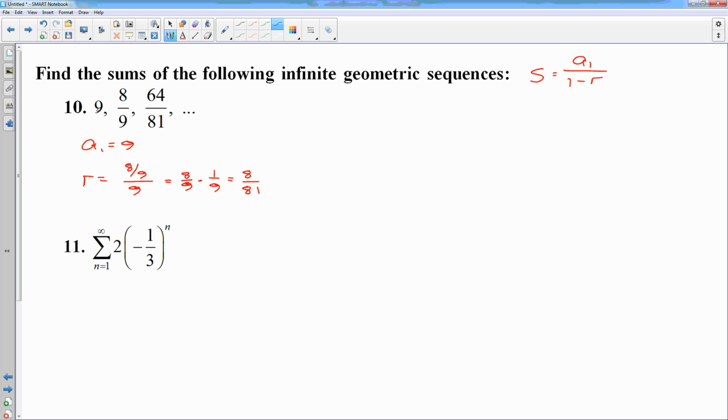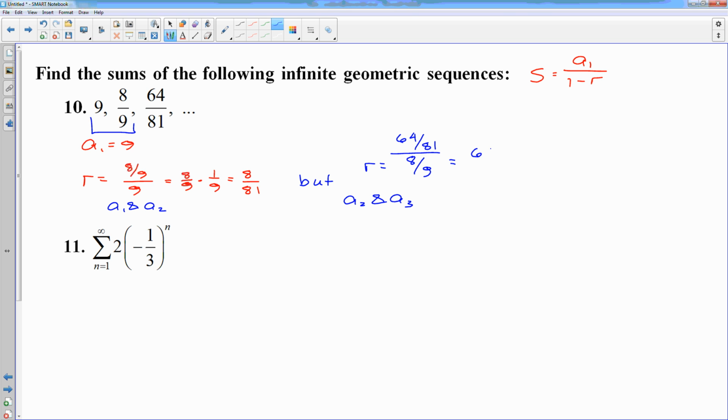I don't know. All right, so the ratio, if you choose the first two terms, a sub 1 and a sub 2, is 8 over 81. But the ratio with a sub 2 and a sub 3, you will do your second term 64 over 81 divided by 8/9.